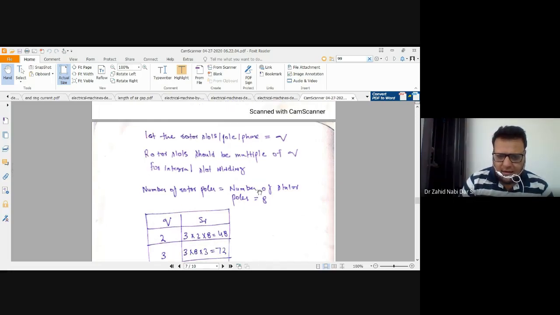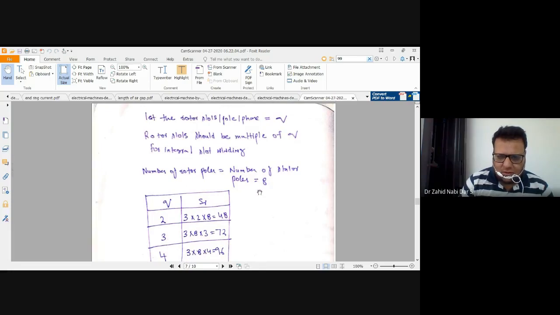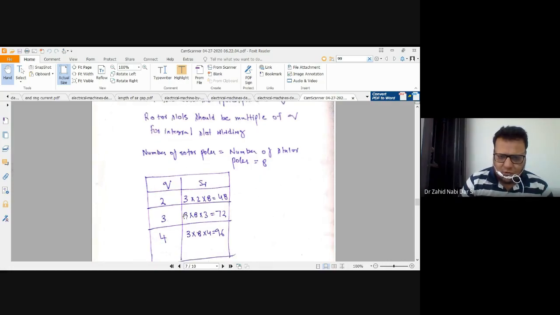I told you the value of Q is either equal to 2 or greater than 2. It cannot be less than 2. Here 3 and 8 will remain the same, the rest will change, because 3 is the number of phases and 8 is the number of poles. Q value 2 I am putting, so 2 is coming. Q value 3, so 3 is coming. Q value 4, so 4 is coming.